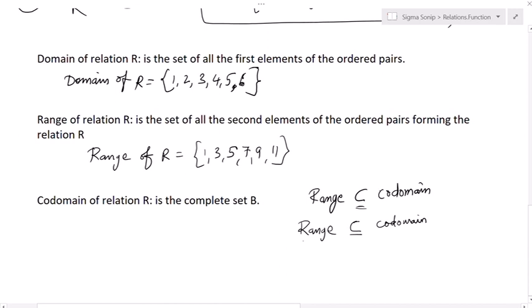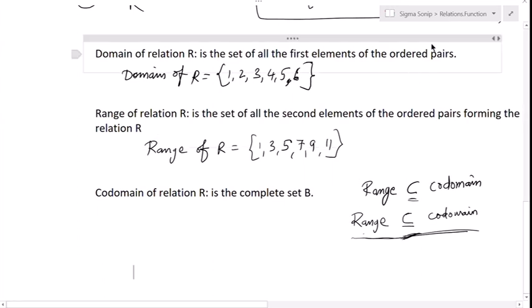What it means is the range will always be less than the codomain or will be exactly equal to the codomain. So this symbol takes care of both eventualities. One eventuality is that when you take the range, some elements from the codomain will be missing, and then it's a proper subset. But it is also possible that range and codomain are exactly equal. In that case, this symbol covers the second eventuality as well.